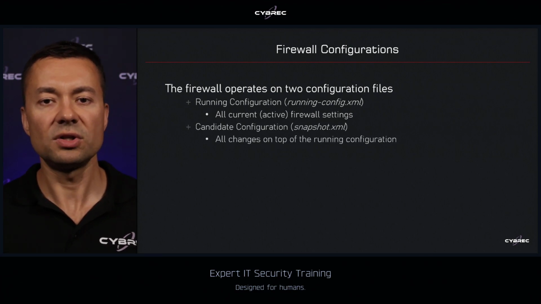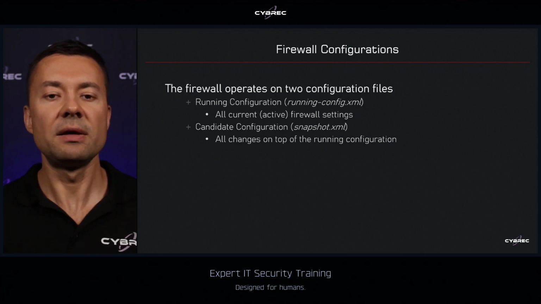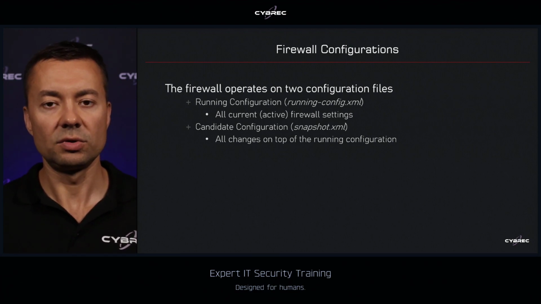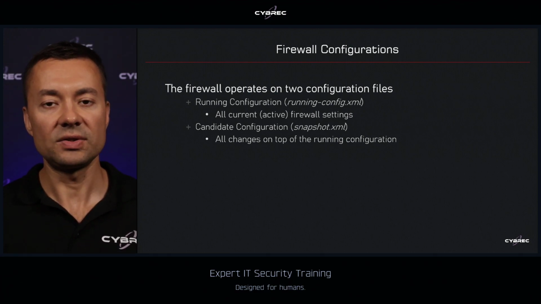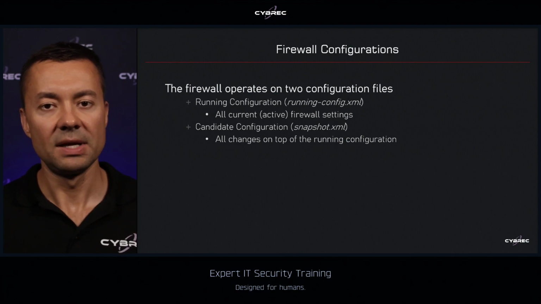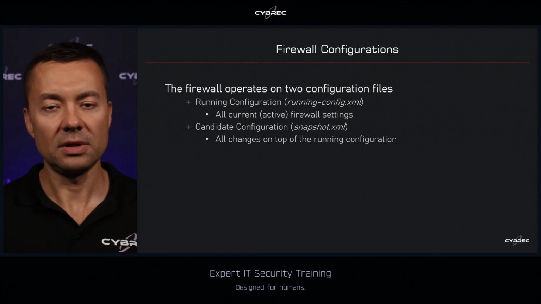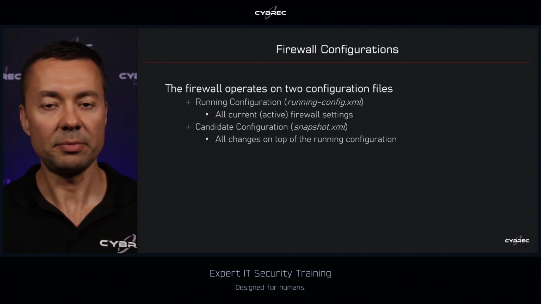And there is also what is known as the candidate configuration, which is stored in the memory by default. So the candidate configuration is basically acting as a container for our changes. So for instance, we start with the running config, which is what the device executes. This is the active settings. Now we make some change on the firewall, like add an interface, maybe modify an object, add a security policy rule.